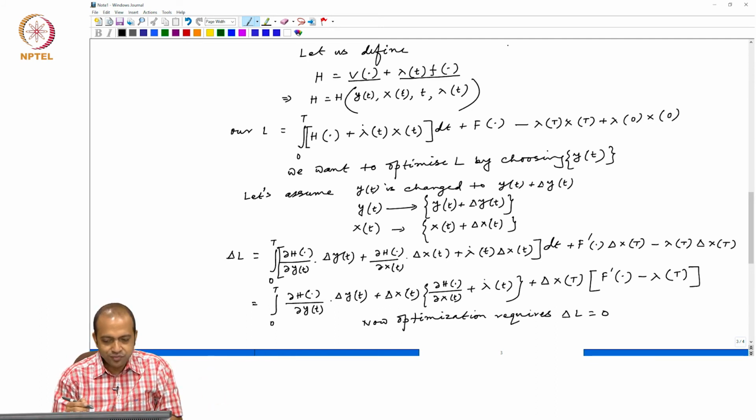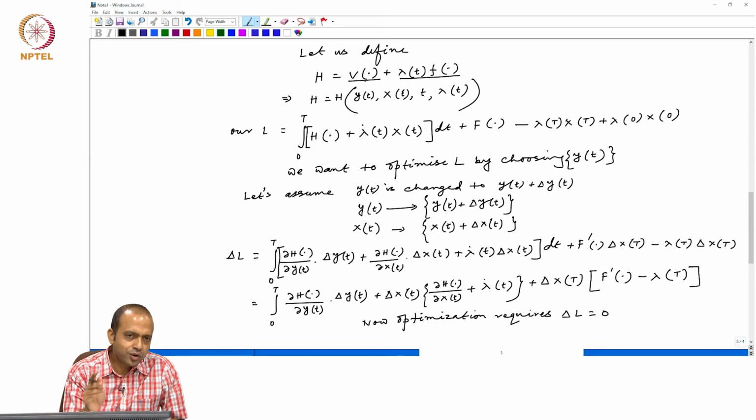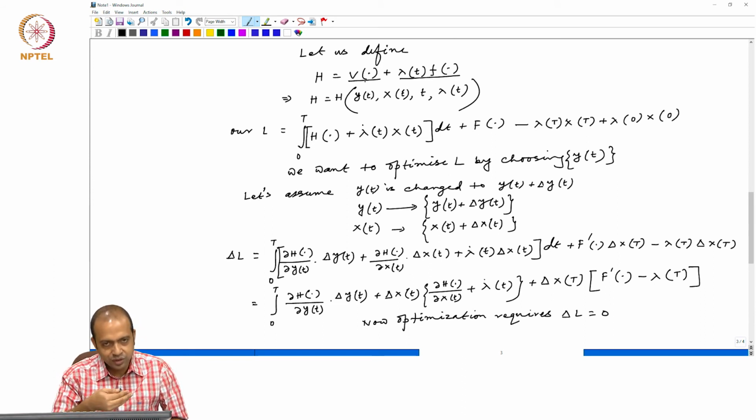For example, we can think of a stock, or share of a company. So V would become, let us say, the dividend value. Each and every period you are getting dividend, and lambda T F dot is the future value of the stock, right.